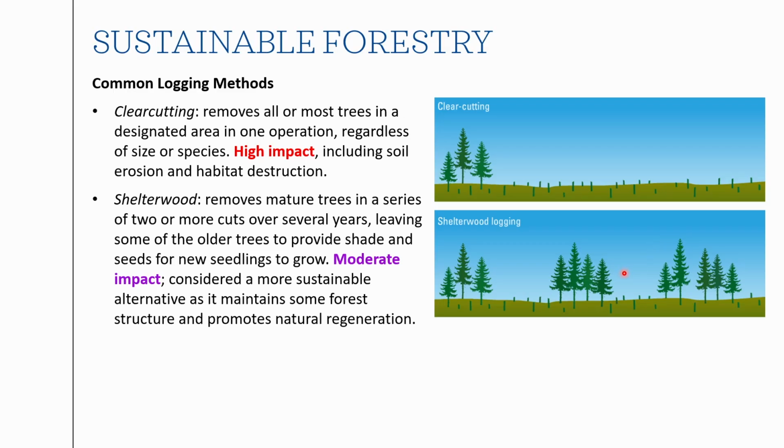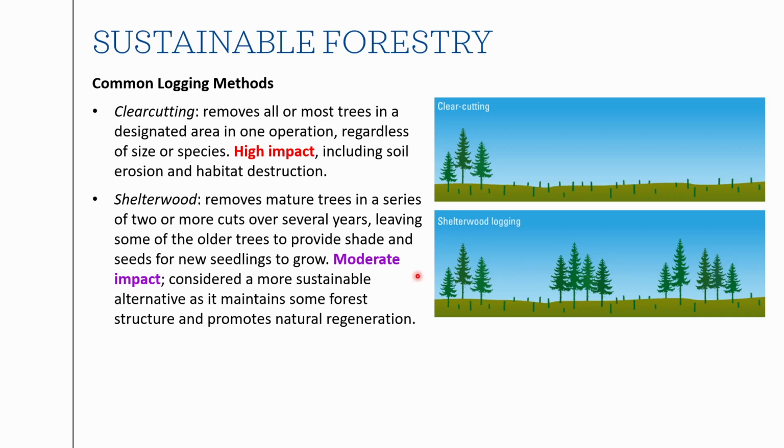A better method is known as shelterwood logging, and basically we remove the mature trees in a couple of cuts. We've taken the large trees out, and that allows the trees to grow back with some of the canopy already in place.